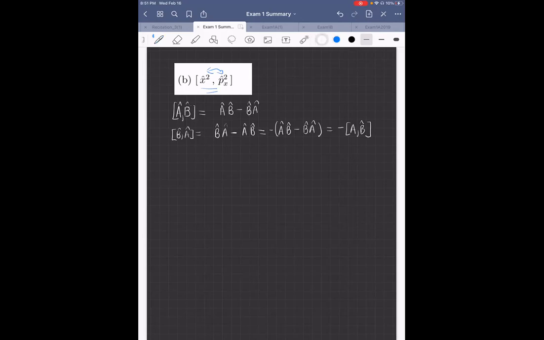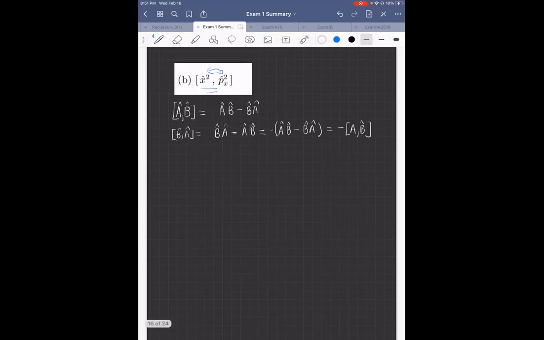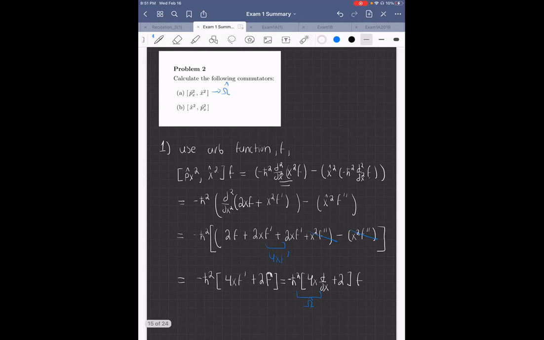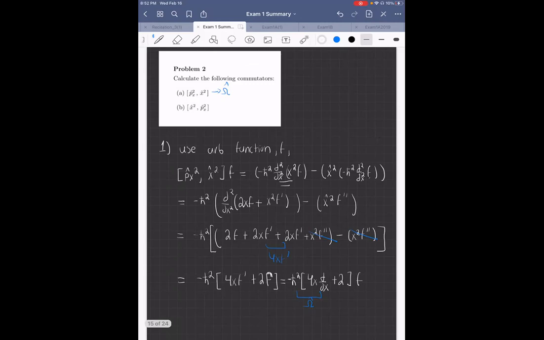Or it'll be the negative original A, the original times -1. So it would just be h bar squared times 4x derivative operator plus 2.